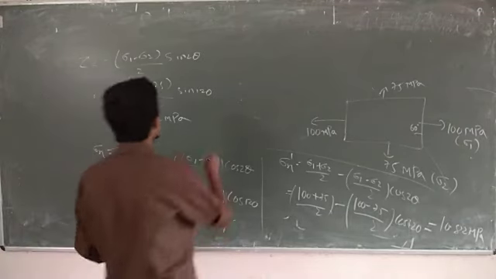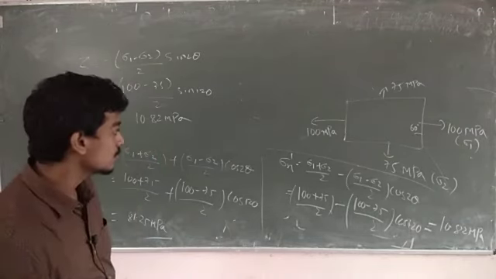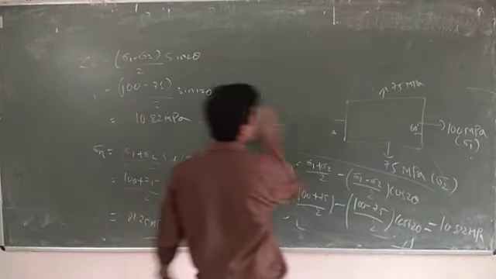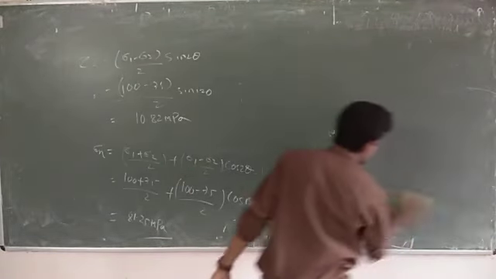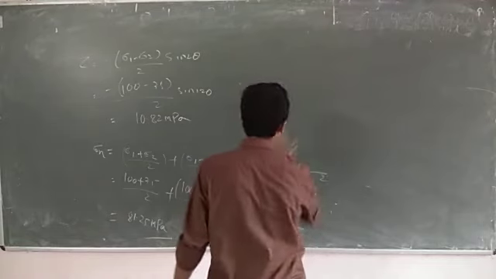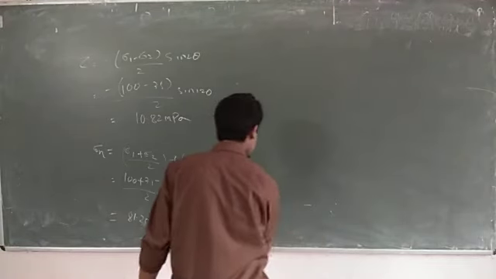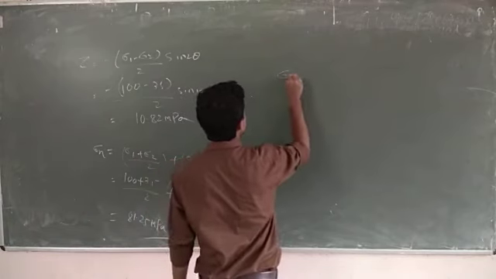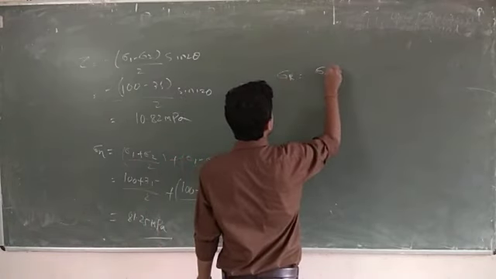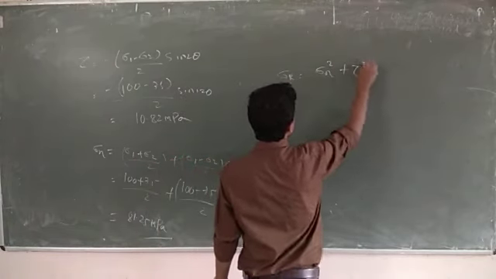Now the resultant stress can be found. The formula you already know; here I am finding it. The resultant stress is the square root of normal stress square plus shear stress square.